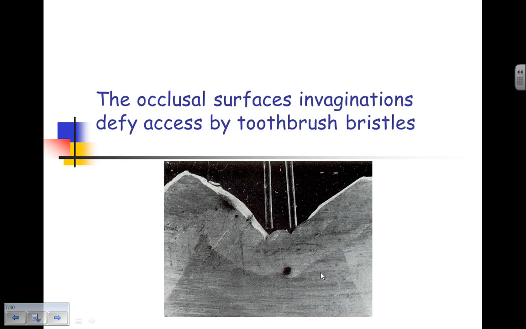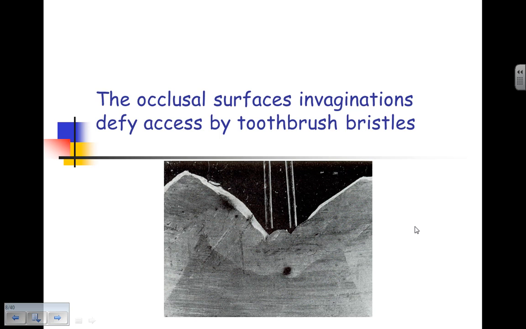And consider the occlusal surface, its invaginations. It defies access by the toothbrush. Look at what one toothbrush bristle looks like compared to the invaginations within pits and fissures. When a parent says to a child who needs a restoration on the occlusal surface, I told you should have brushed your teeth, brushing isn't going to help worth a darn.